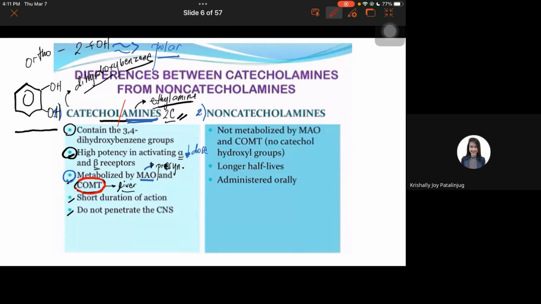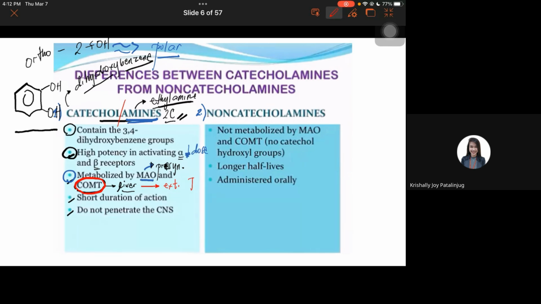Now focusing on one of the enzymes nga ga-degrade sa catecholamines, the COMT, sabi dito, diba, they are concentrated in the liver. Because of this, may mataas na chance nga ang catecholamines kapag tinake siya orally, administered siya orally, it will really undergo extensive first pass effect.